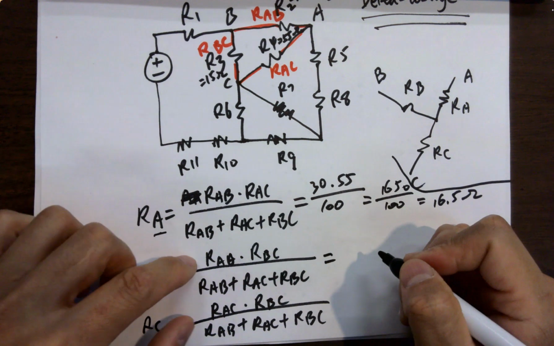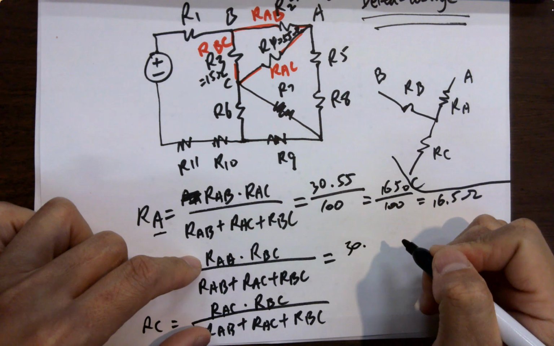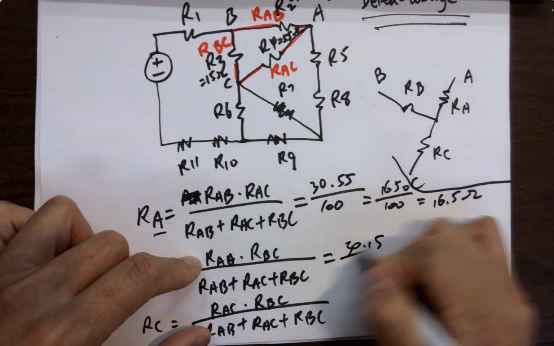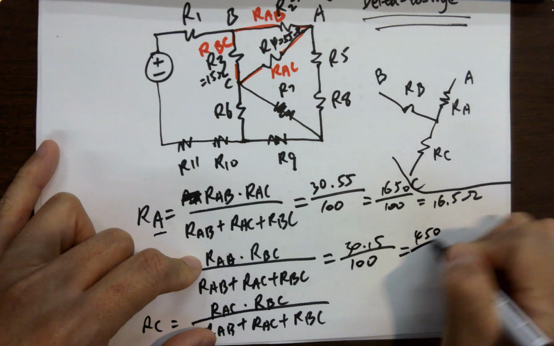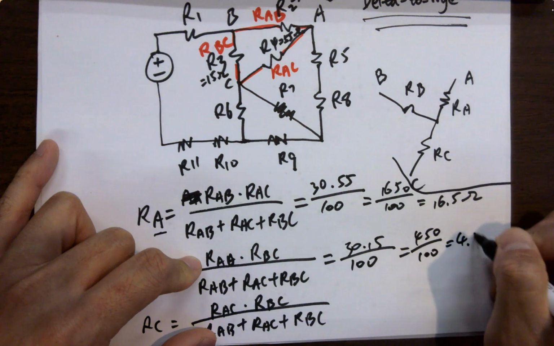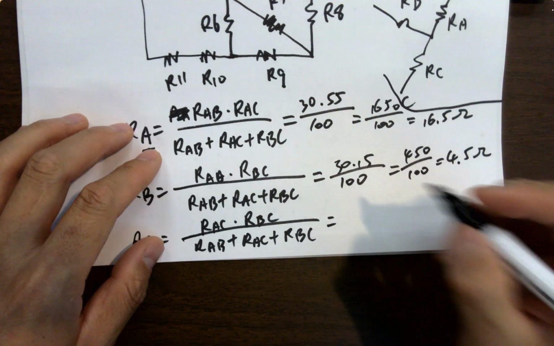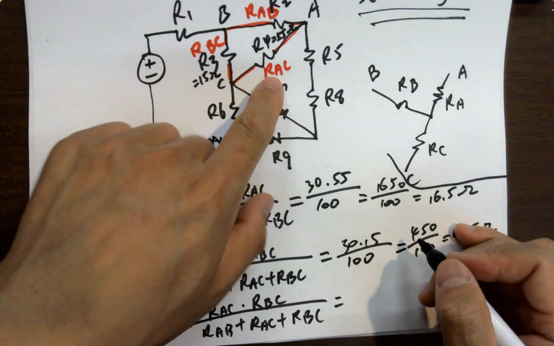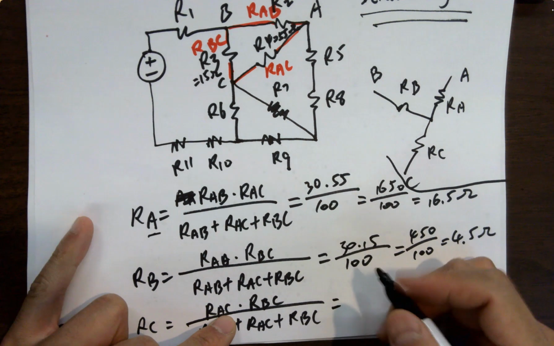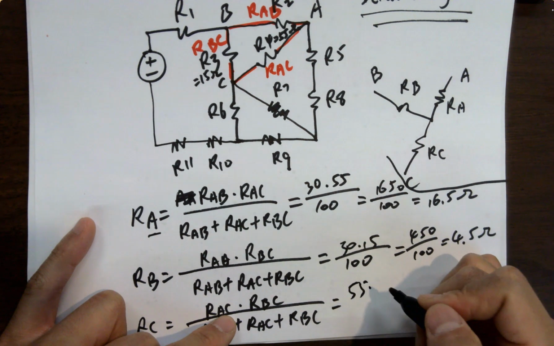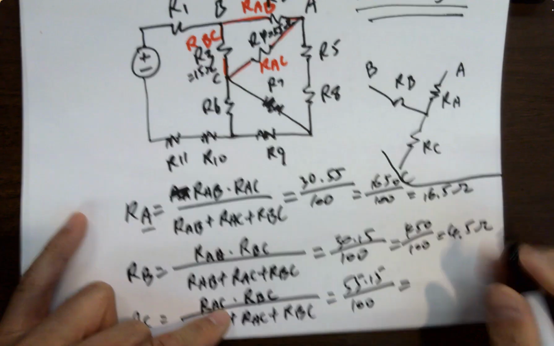RB, RAB times RBC. AB is 30 ohms, BC is 15 ohms. Same denominator. It's going to be 450 over 100, which is 4.5 ohms. For RC, it's RAC, which is 55 ohms, times BC, 15 ohms, over 100.